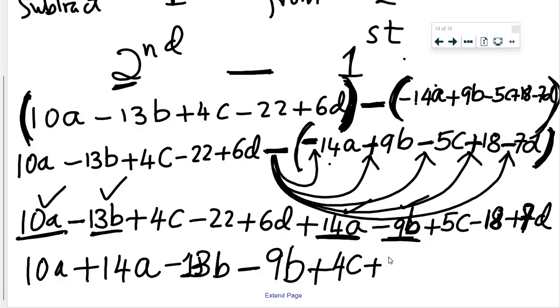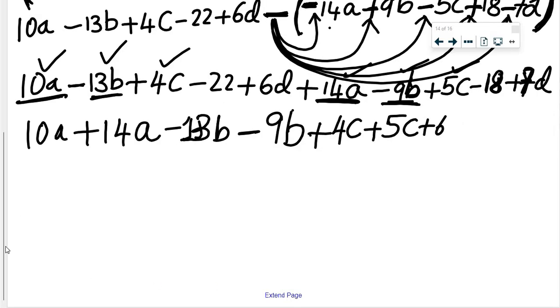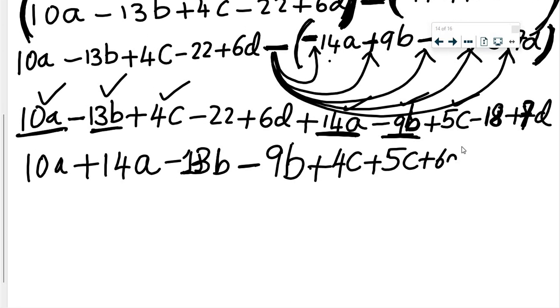Yes, that is plus 5c. So 4c, 5c. Then we have plus 6d, and then we have plus 7d. Then minus 22, and then we have minus 18.